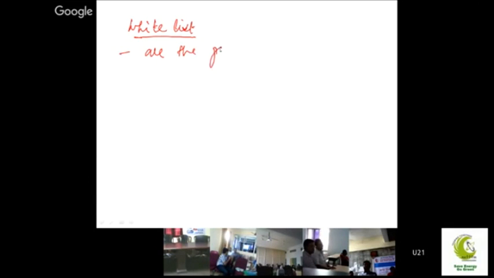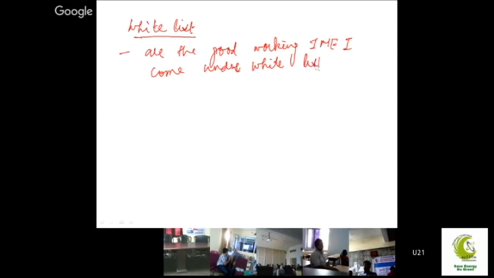All the good working IMEI come under the whitelist. What is a blacklist? The blacklist comes into use whenever our phone is stolen.